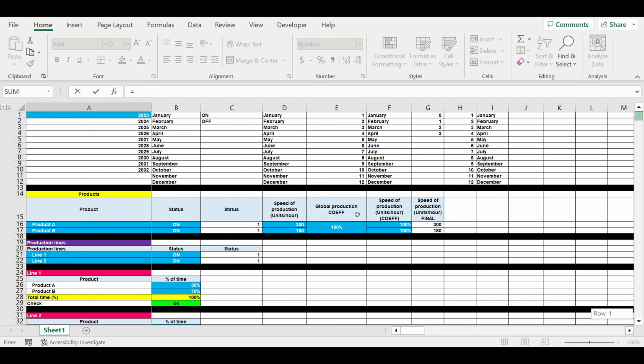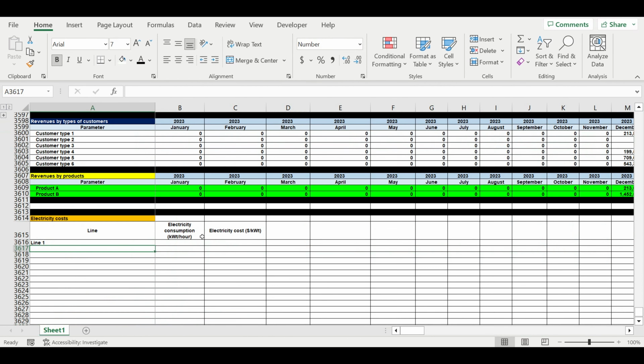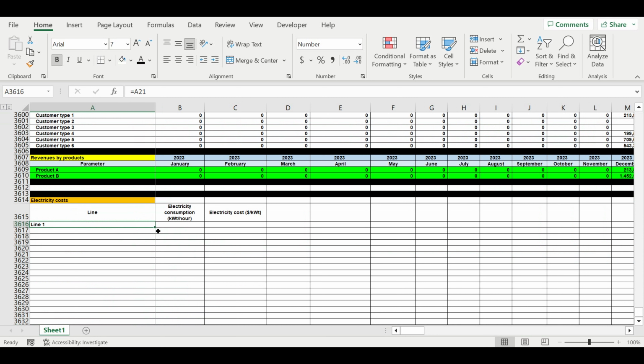I will place the lines. Line 1, line 2, electricity consumption. For example, this will be 200 kilowatts per hour. This will be, for example, 300 kilowatts per hour.